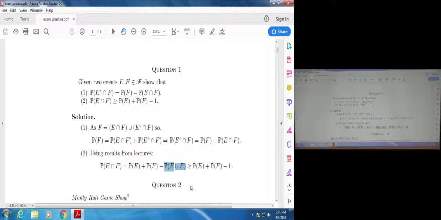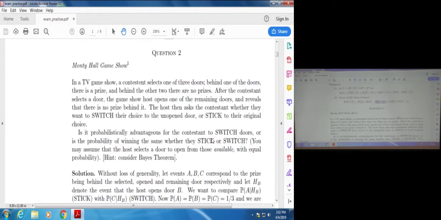If I make this number as big as possible, I only make the whole thing smaller, so the left side is at least as big as this expression, with this term upper bounded by 1. That's basically it. It's a pretty straightforward one, but you wouldn't expect to get many marks for something like that in the exam. Question 2 is the Monty Hall game show.